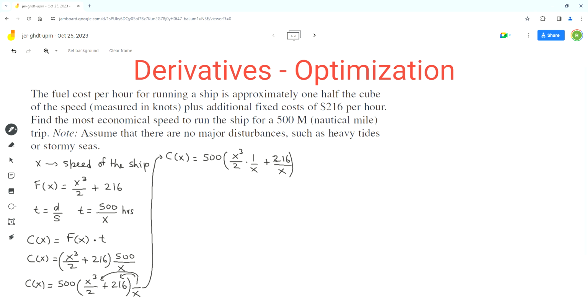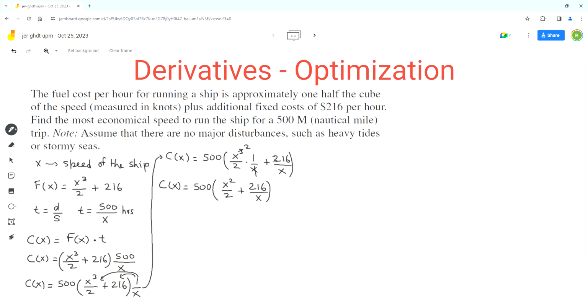Now we can simplify this expression by cancelling out one of the x's. So there are two x's left now in the numerator. So c of x equals 500, then parentheses x squared over 2 plus 216 over x. So this is the cost function that represents the cost to undertake that 500 nautical mile trip.